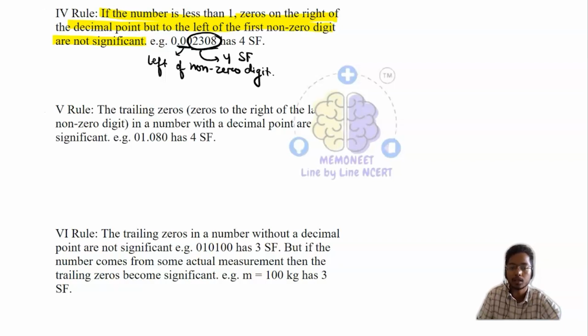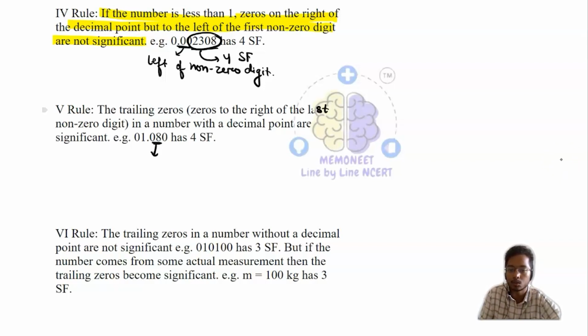Then the next rule is that the trailing zeros to the right of the last non-zero digit in a number with a decimal point are significant. What it is trying to tell is that here we have the non-zero digit 8.